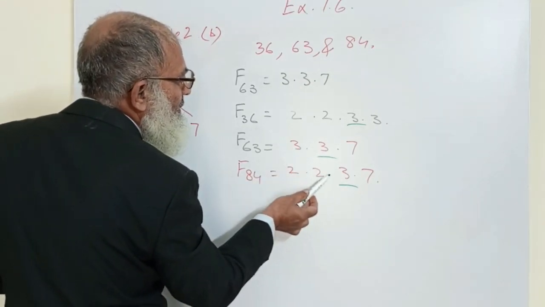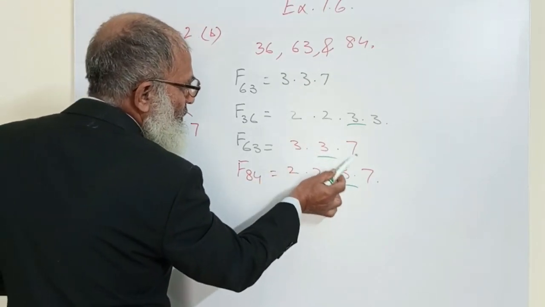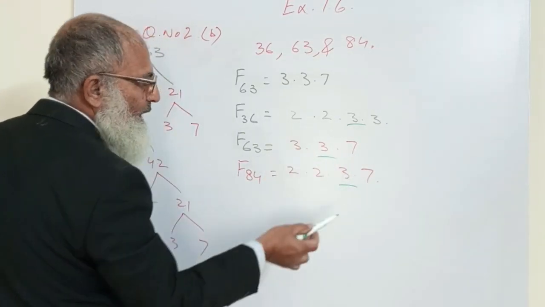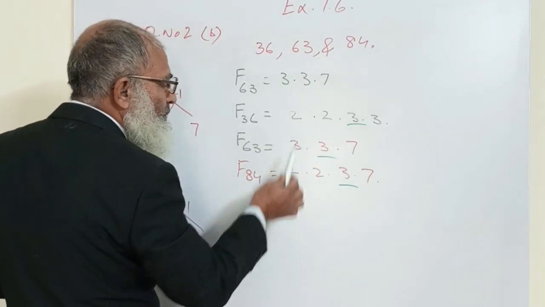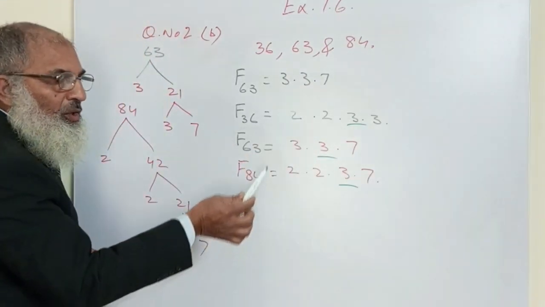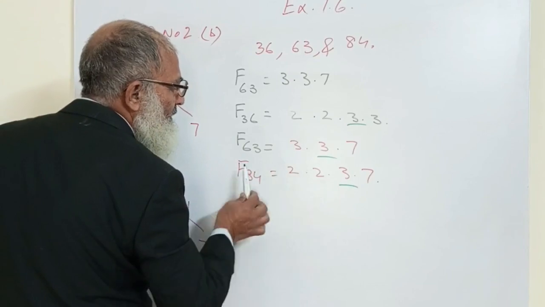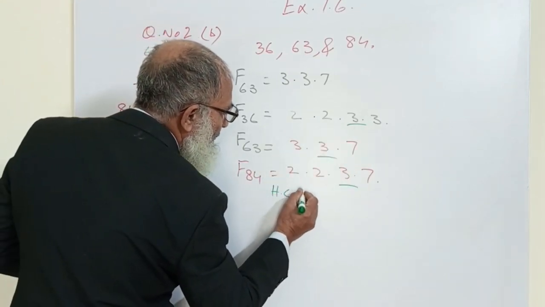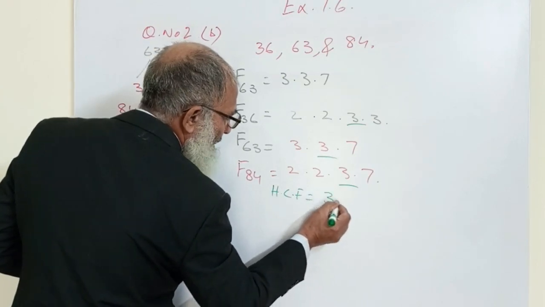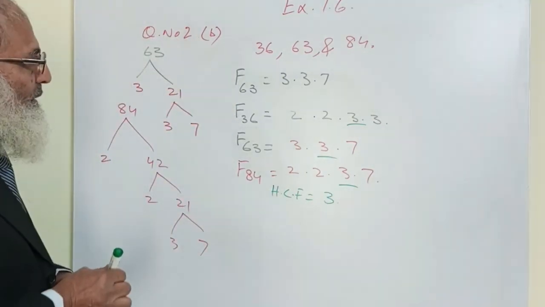And this 3 and this 7 are common in 2 rows, so we don't have to take any more. We have to take only the factors which are common in all the given rows. So the HCF is again 3. So this was my mistake. Please correct it.